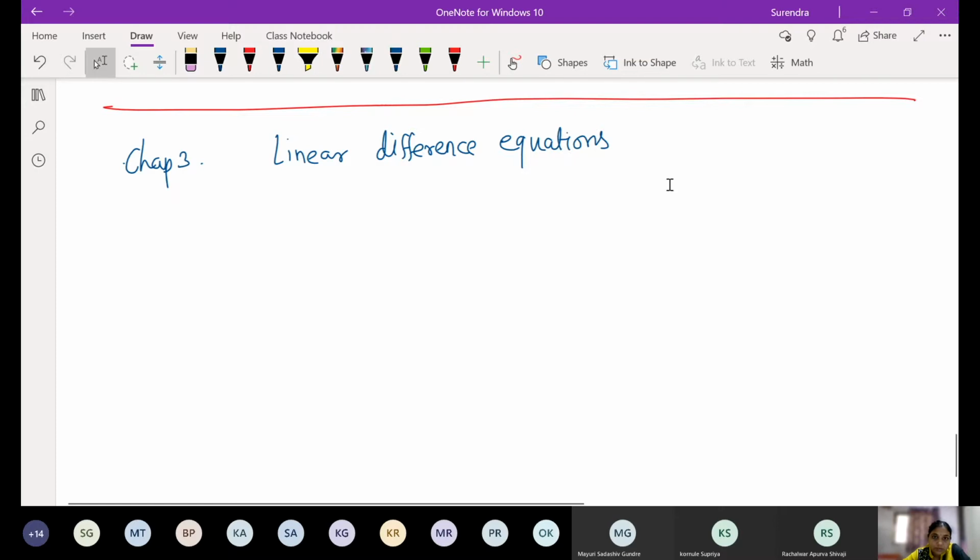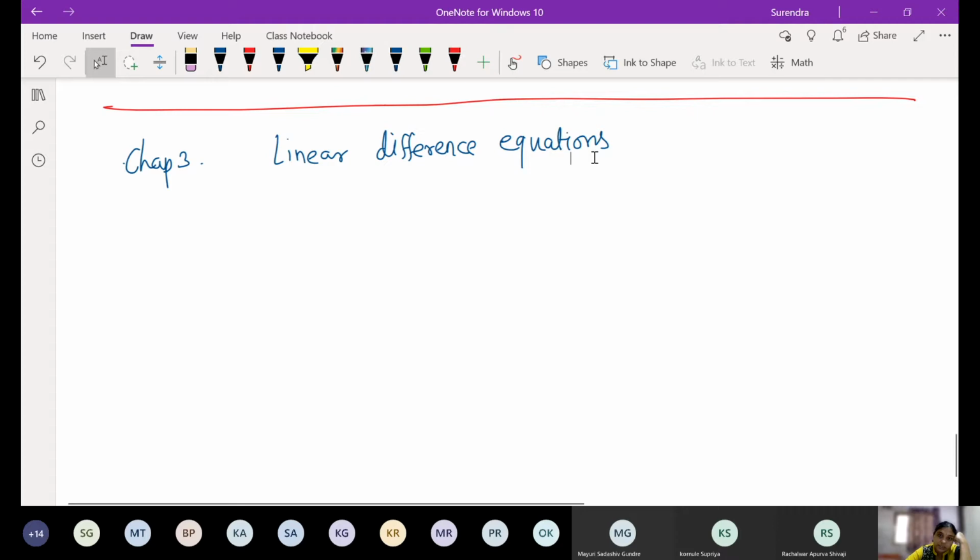A differential equation is linear if the dependent variable or its derivatives are involved in linear form.